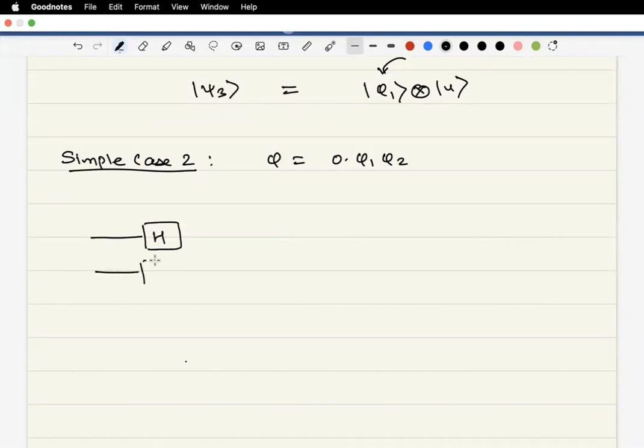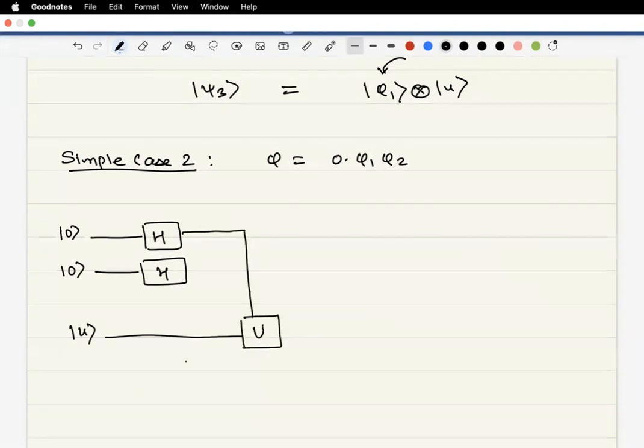Then you have another bit. So this will be 0, 0. And then we have ket u. And then we have this control U gate over here, just like before. And then I have this control U square gate.